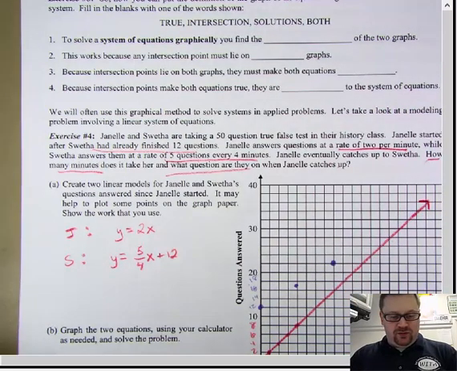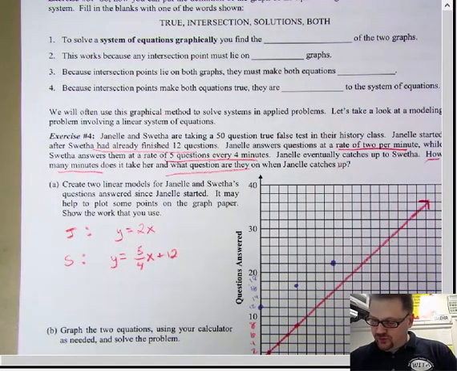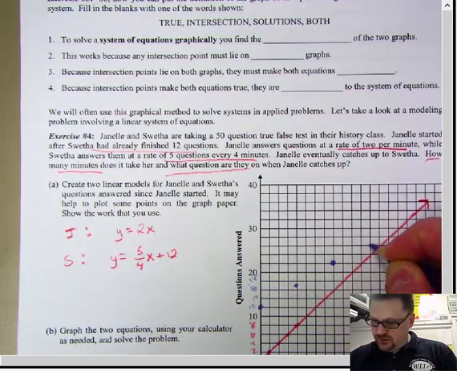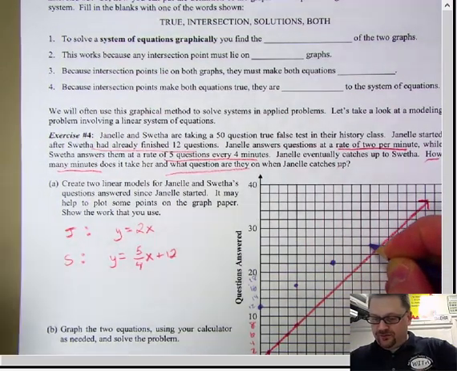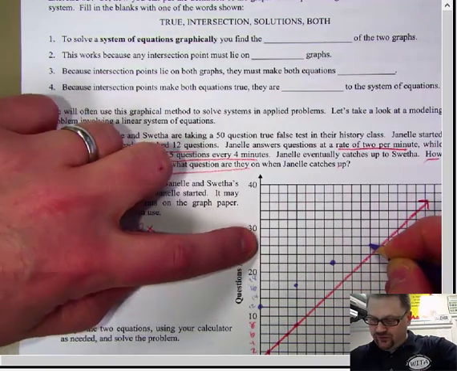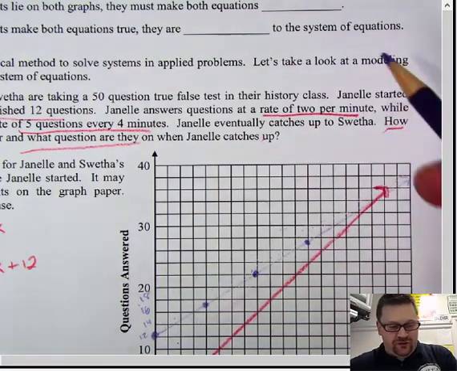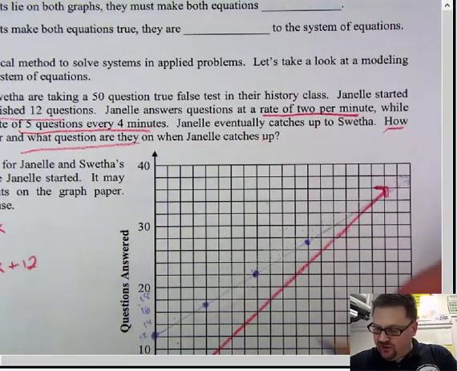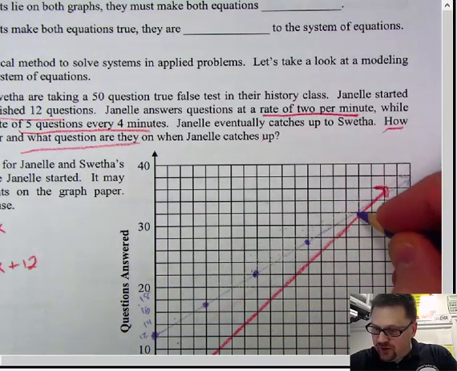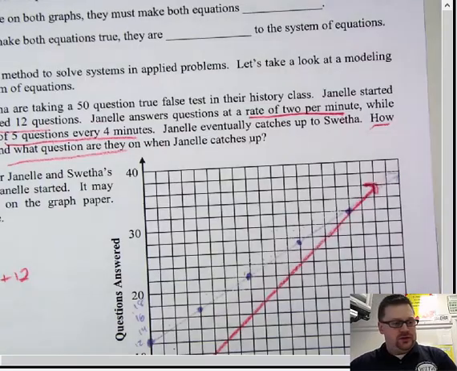My next good point is (12, 27). So 12, and 27 is 2, 4, 6, right about here. And I also see the point (16, 32), which is right there.